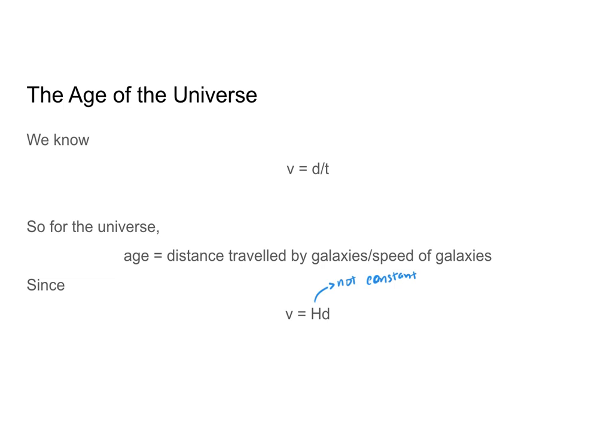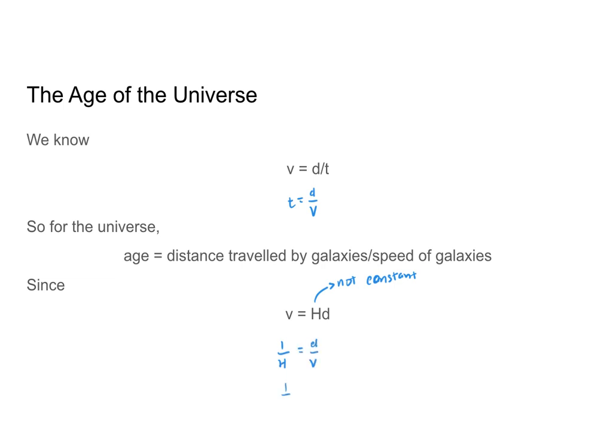We know velocity is equal to distance over time. So that means that time is equal to distance divided by velocity. Hubble's law states that velocity is equal to Hubble's parameter times distance. So that means that 1 over H is equal to d over v.